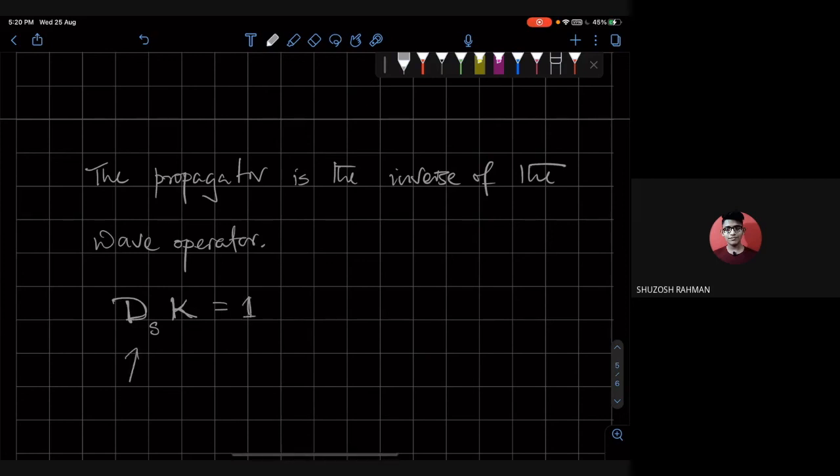So if I think of this as an infinite dimensional matrix, this is the inverse. So the propagator is the inverse of the wave operator.